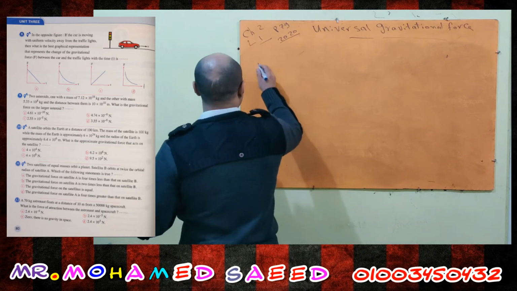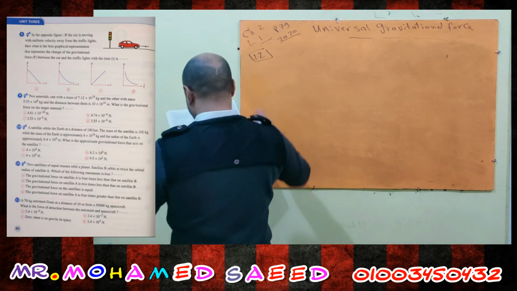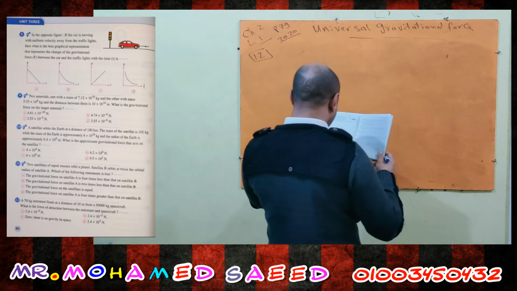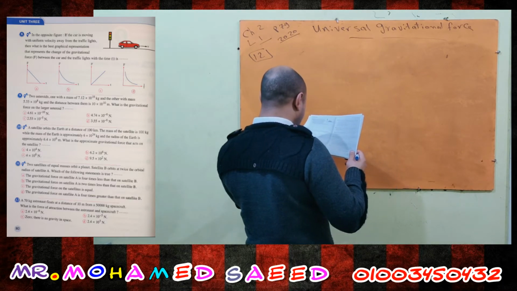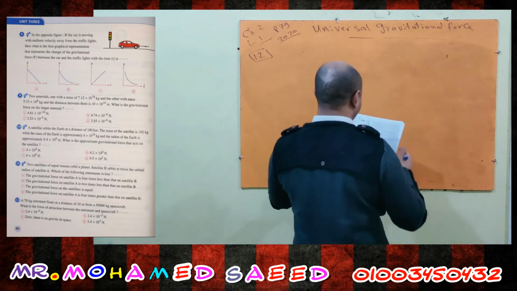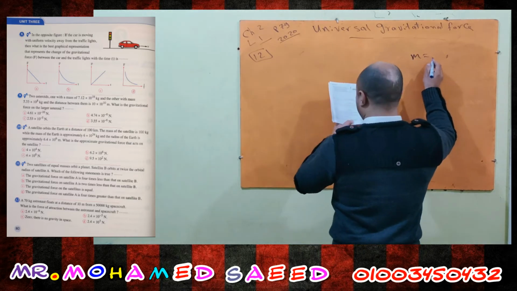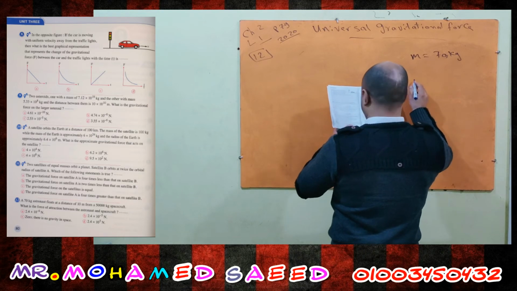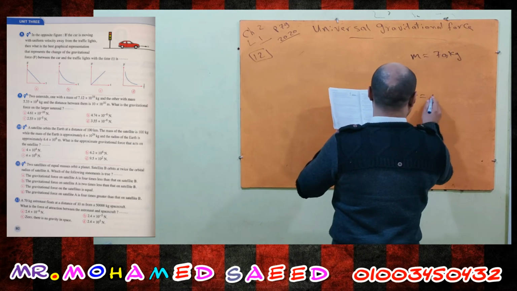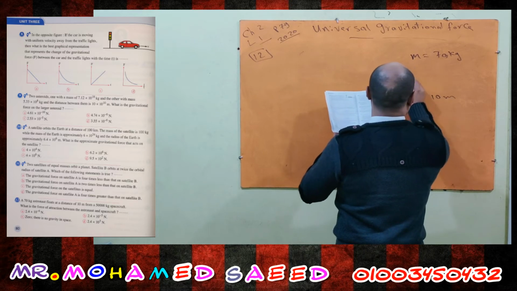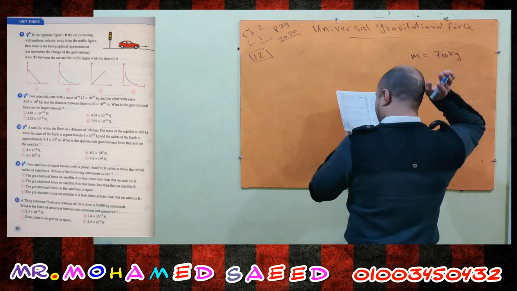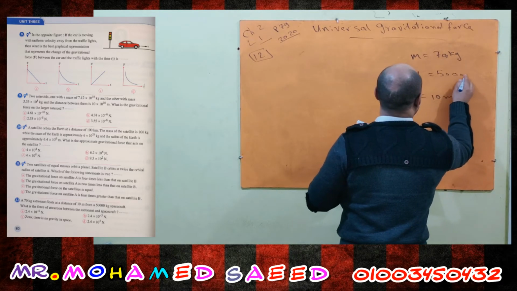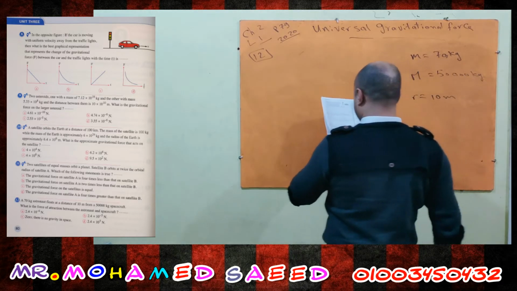12. A 70 kilogram astronaut floats at a distance of 10 meters from a 50,000 kilogram spacecraft. M astronaut 70 kilograms and the distance 10 meters. M spacecraft equals 50,000 kilograms.